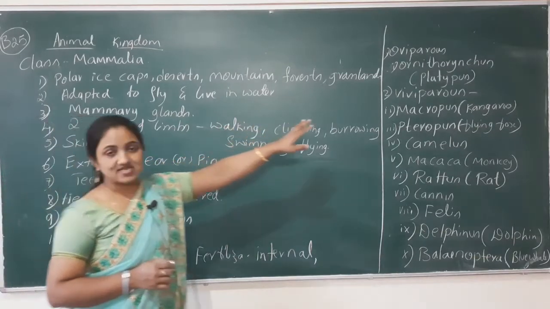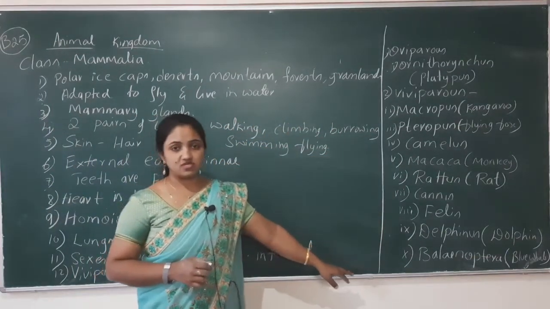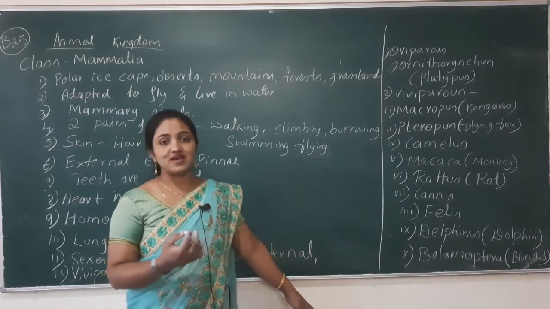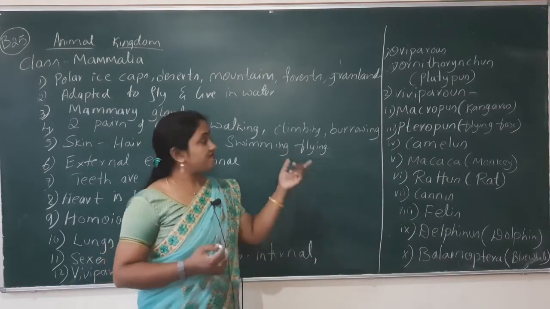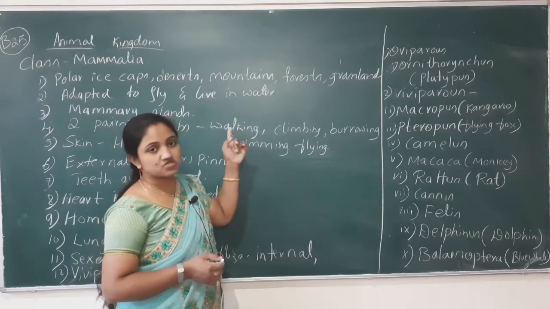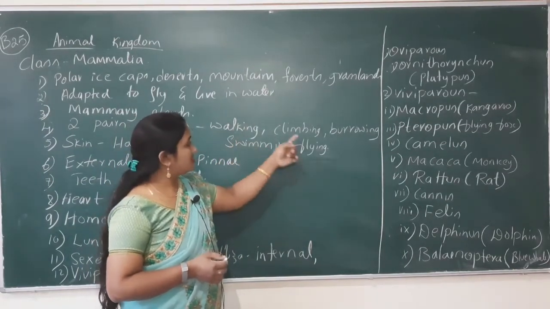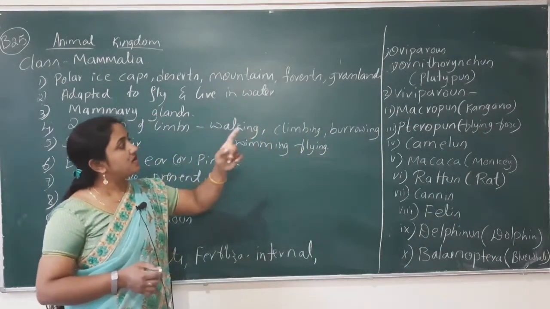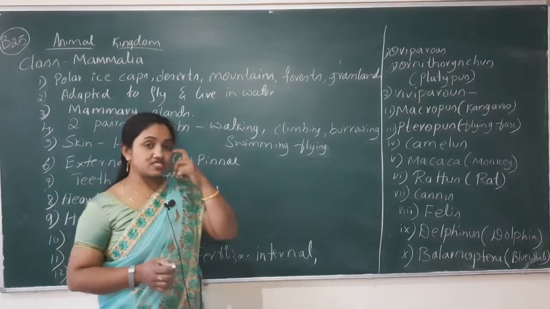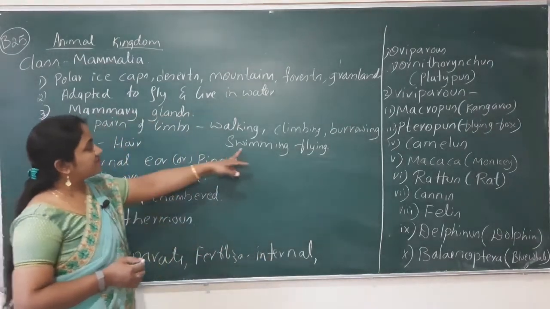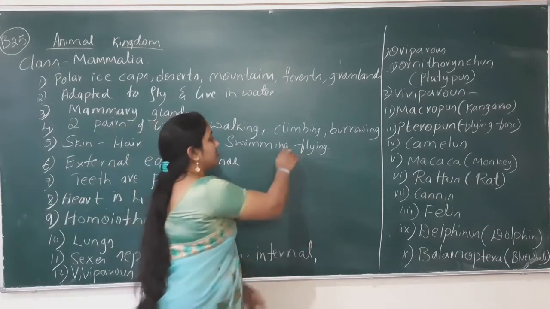As I told, different kinds, varieties of animals are there. These varieties of animals use their limbs for various purposes, like walking, climbing, burrowing, for example platypus uses its limbs for burrowing the soil, and some of them for swimming and flying.